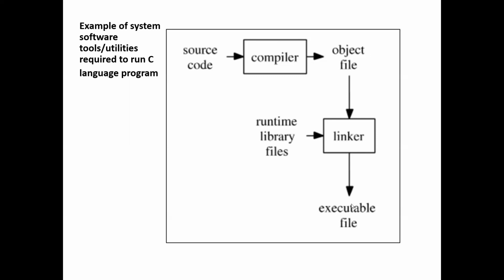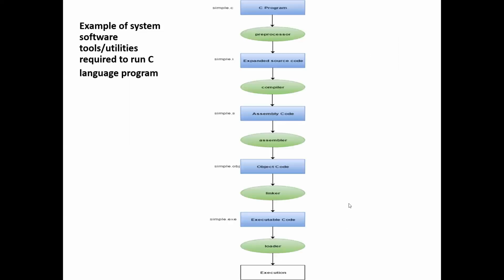Right? So next in this diagram, you can see the complete flow. Here all the language processors are used. First, that is your simple C program. Then suppose some operations need to be done on this C program, then you can use the preprocessor, right? So this is the expanded source code.